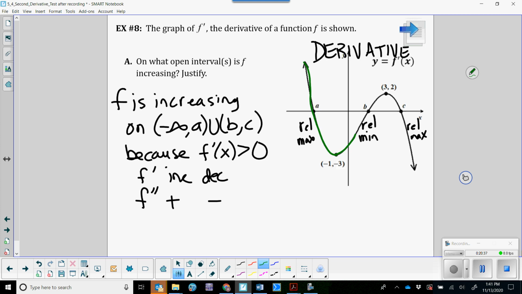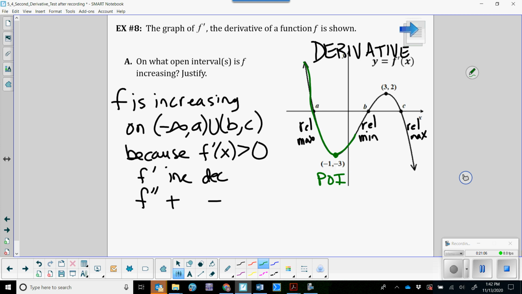So that means that this point right here, -1, -3, is a point of inflection, and our reason will be because f prime is changing from decreasing to increasing there. It's easier to answer that way than to have to write all the concavities out and then say that's why it changed. So it's easier for me just to look from a graph.